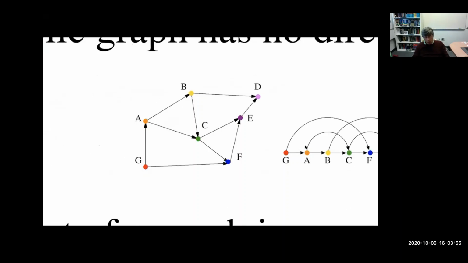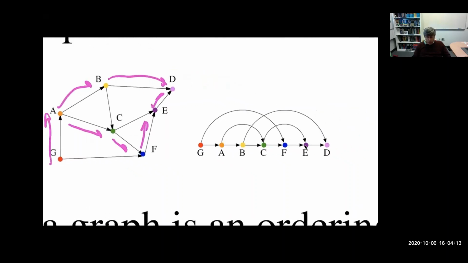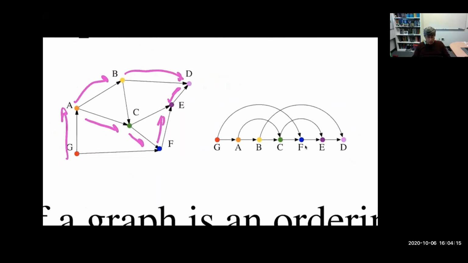I could go along these edges, but now I'm trapped. I can't get back. Does everybody see that if I have an ordering like this, the vertices G, A, B, C, F, E, D, all the edges, when I lay them out, go from left to right?